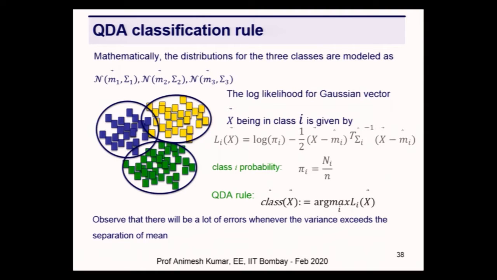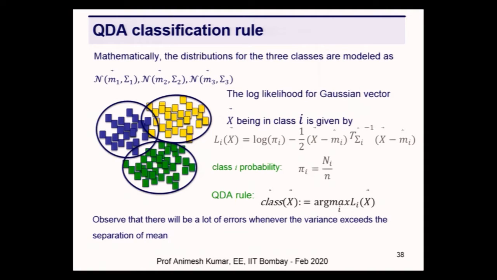The only difference is that instead of having a common sigma inverse, which was true before, we have a different sigma inverse for each class i. The rule is still the same: you just look at the index i which maximizes this log likelihood.